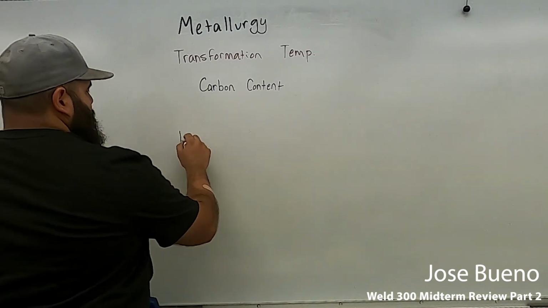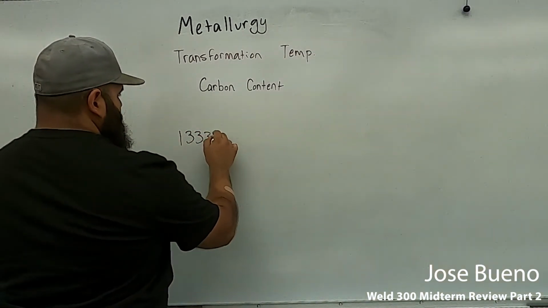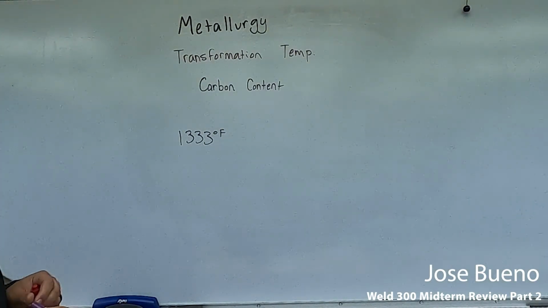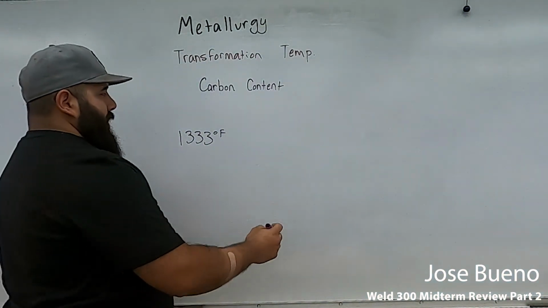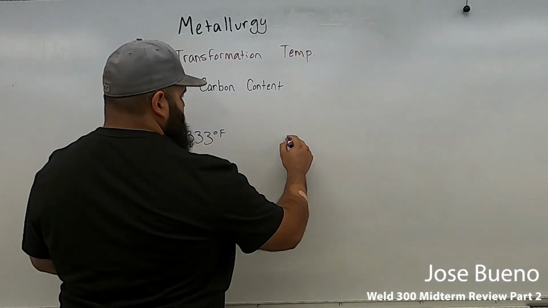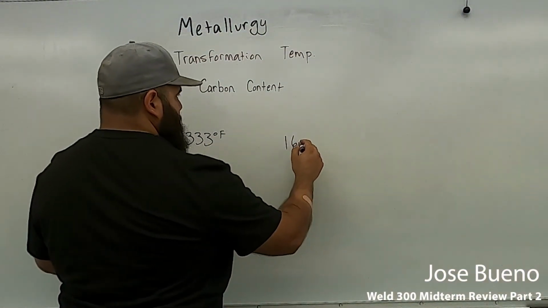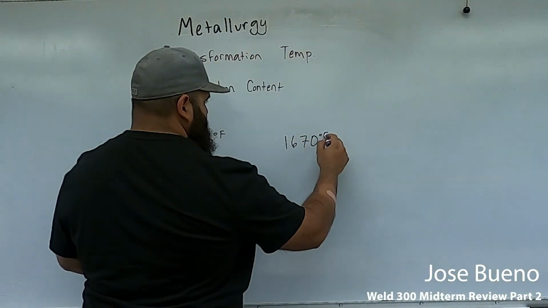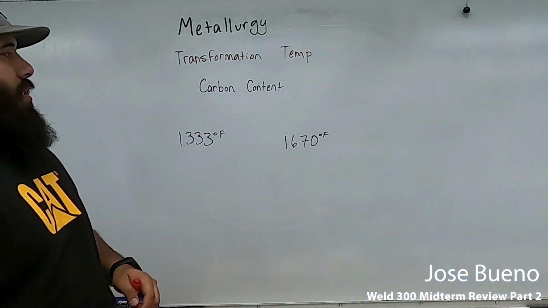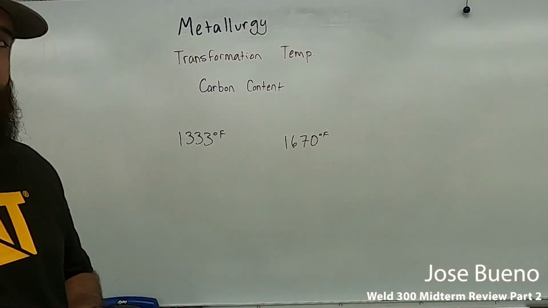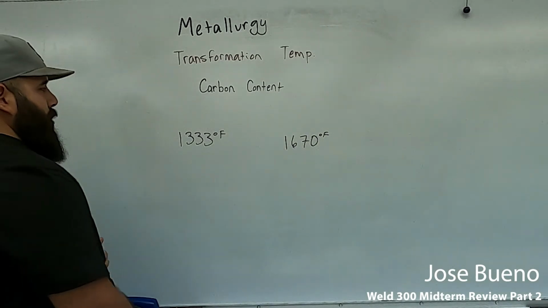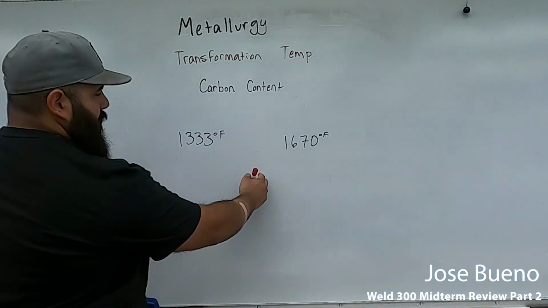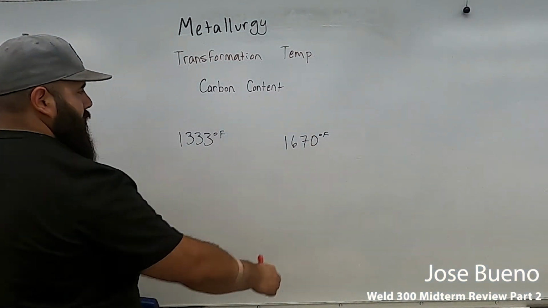The lower transformation temperature is approximately 1,333 degrees Fahrenheit, and the upper transformation temperature is approximately 1,670 degrees Fahrenheit. So depending on the carbon content of the steel that you're working with, your transformation temperature could be here, it could be somewhere in the middle, or it could be all the way over here.